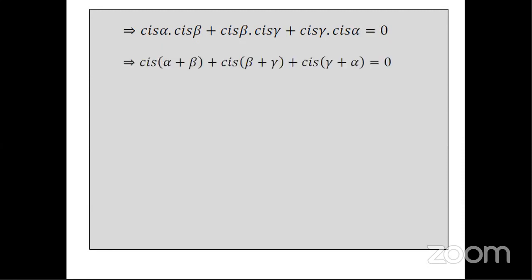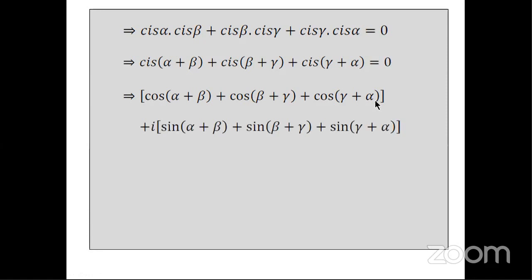So again, applying the formula, you will get cis of (alpha plus beta) plus cis of (beta plus gamma) plus cis of (gamma plus alpha) is equal to 0. Now expand this.